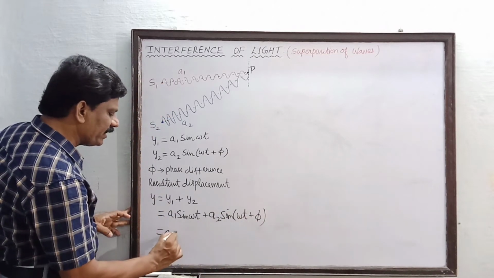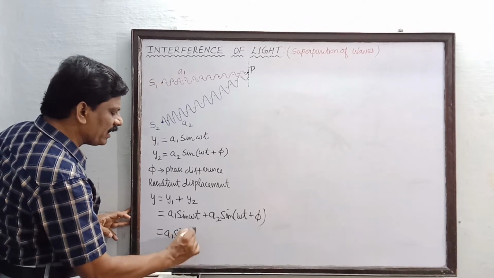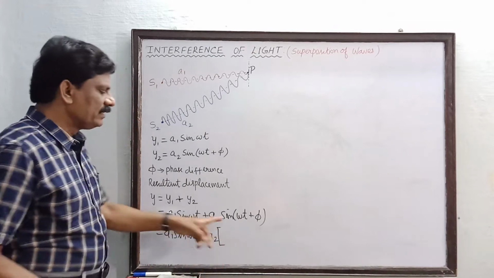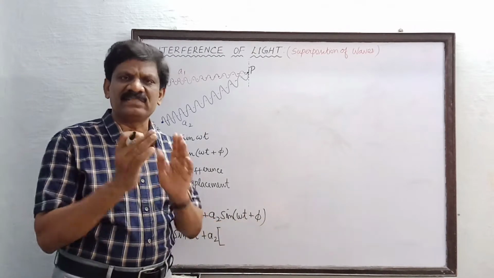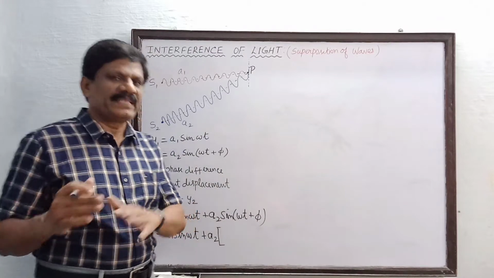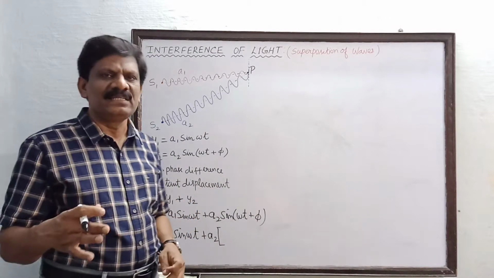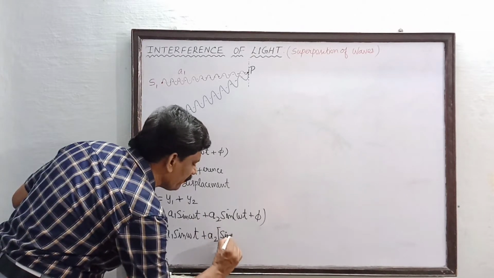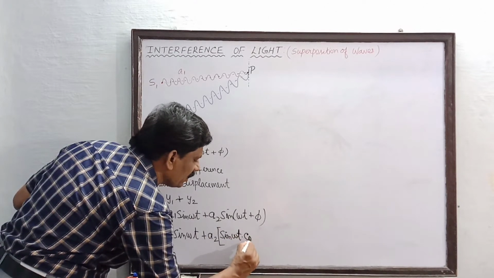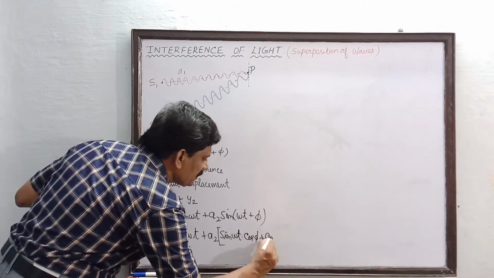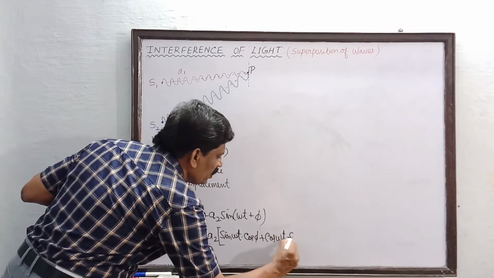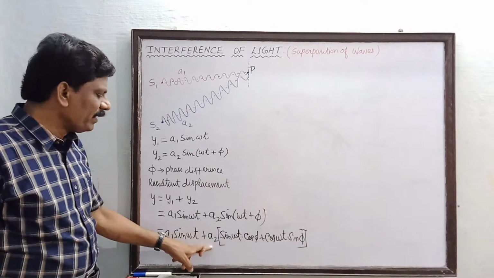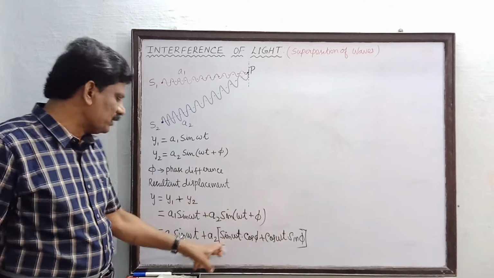The first term is a1 sin omega t plus a2, taken out, and sin(omega t plus phi) is in the form of sin(a plus b), whose expansion is sin a cos b plus cos a sin b. So I expand this: sin omega t cos phi plus cos omega t sin phi. Then I multiply this factor a2 with these two terms.